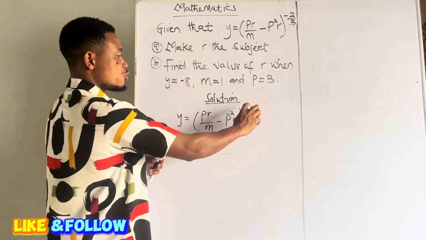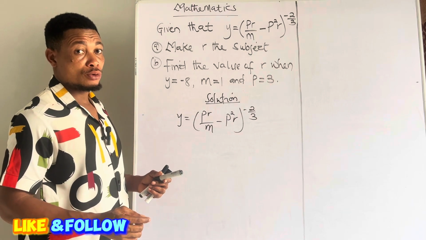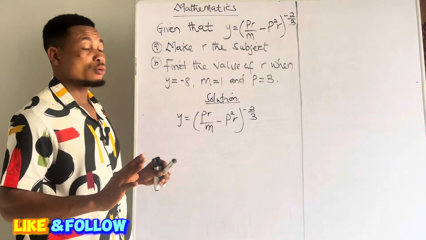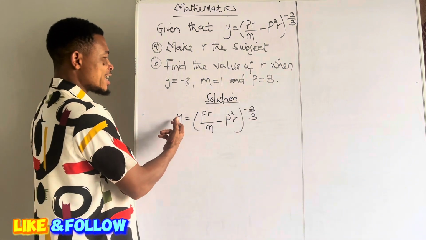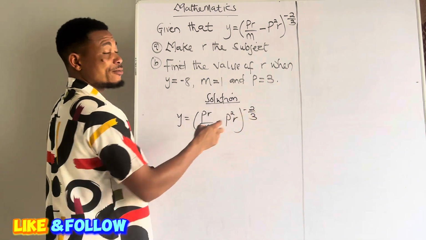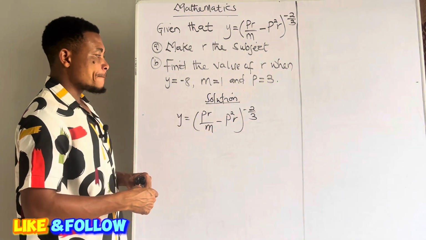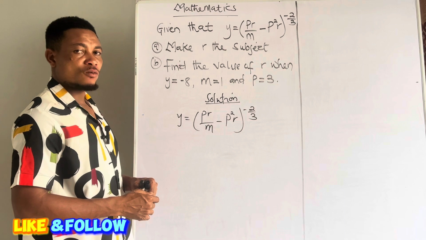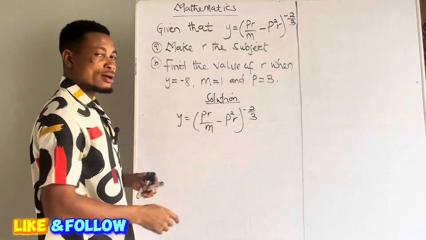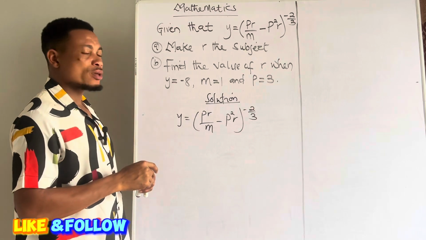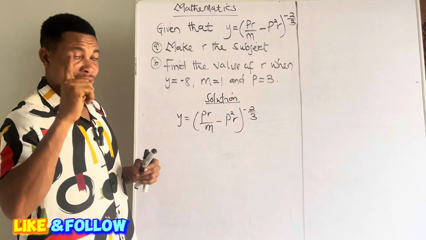How do we get rid of this? It's very simple. Remember, this is a fraction. We multiply both sides by the exponent of negative 3 over 2 to get rid of this. That is the first thing we do.